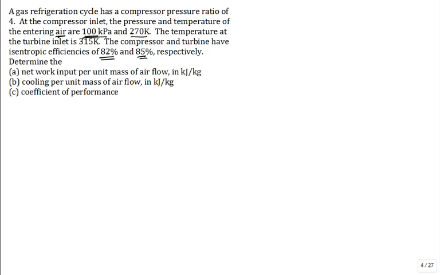Determine the net work input per unit mass of the airflow. So that's the lowercase w net, which is lowercase w to drive the compressor minus what you get out of the turbine to help contribute back to the cycle. And we just did those as delta H's. All right, what is the cooling per unit mass of airflow? Well, this is a gas refrigeration cycle, so that will be Q in the low temperature, and it's per unit mass of the airflow.